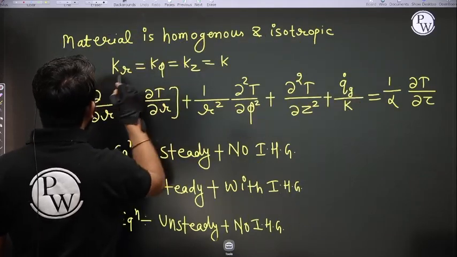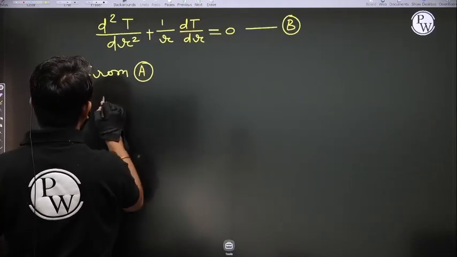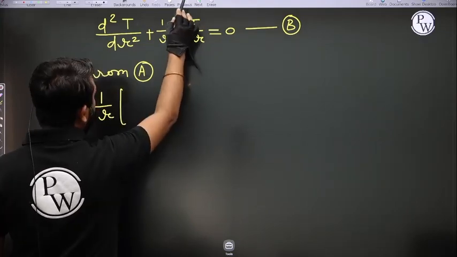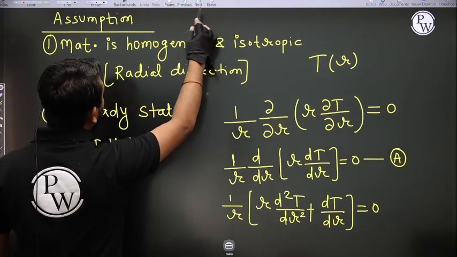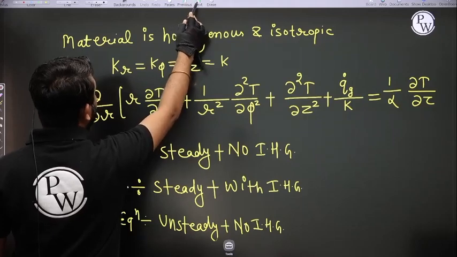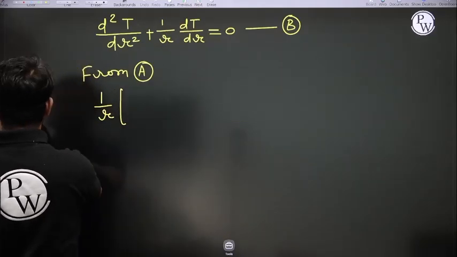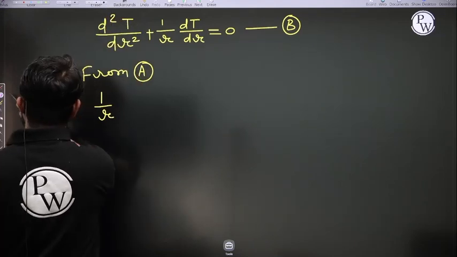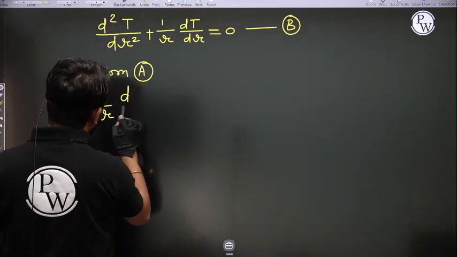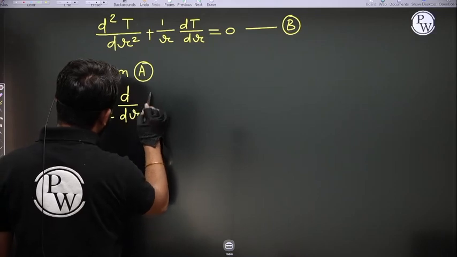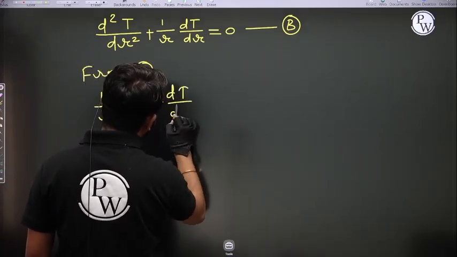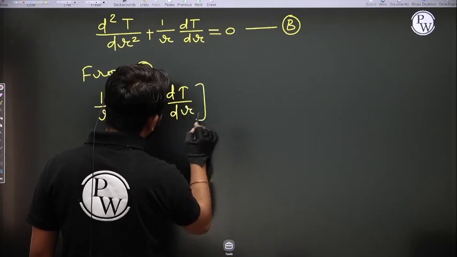So that is 1 by R d by dr, R dT by dr is equal to 0.